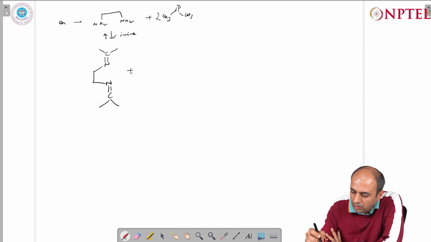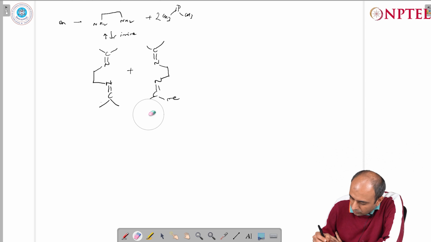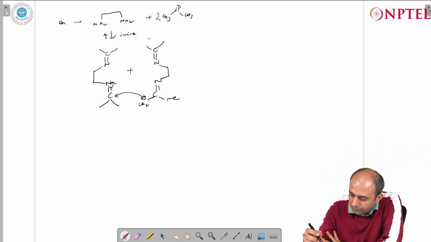Now, another equivalent of this ligand will now undergo cyclization in the way that we will have now a CH2 minus, and here we will have a CH2 minus, and this process followed by the proton.